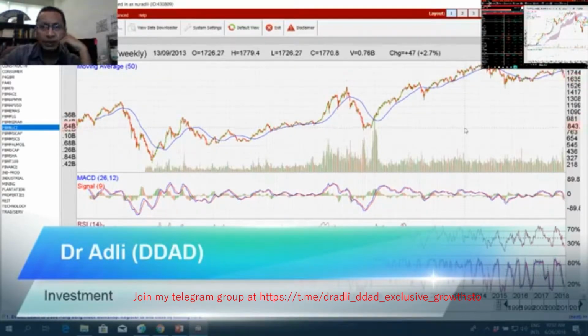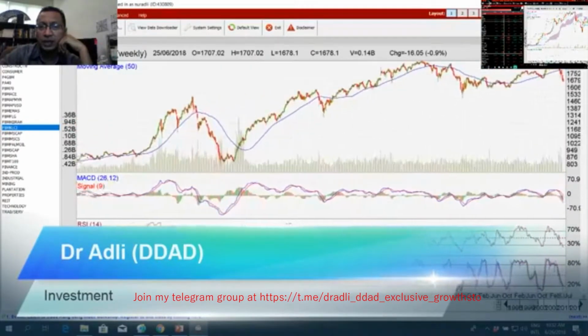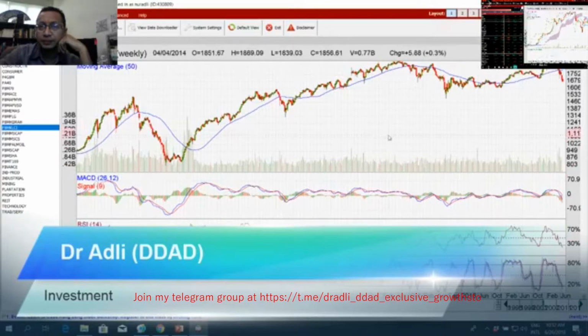But something that we would like to be really careful about is that the index has broken down from the moving average 50, which is not really something that we want, because if you look here, the index rarely breaks down from the MA50. We have one time here.